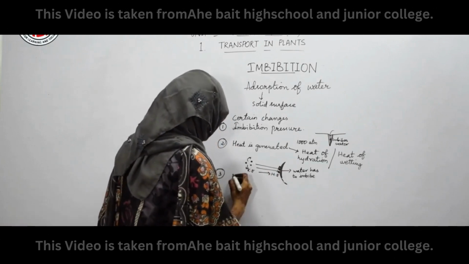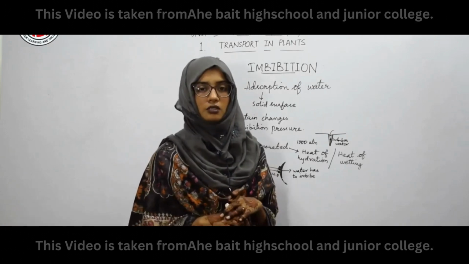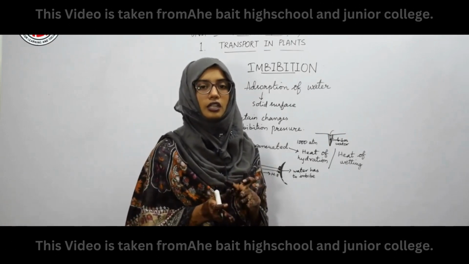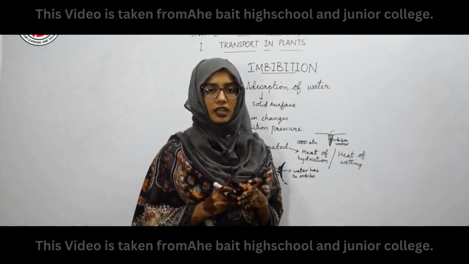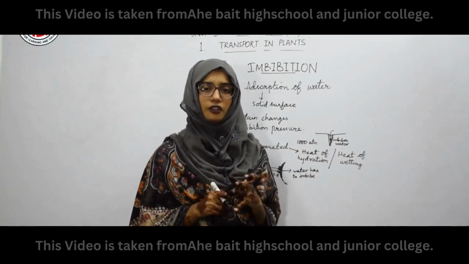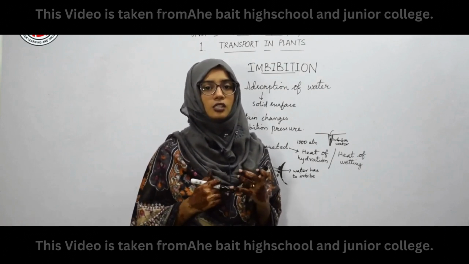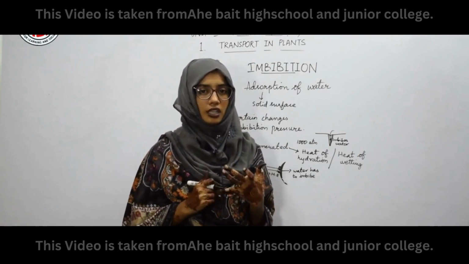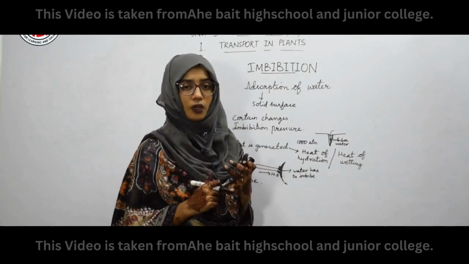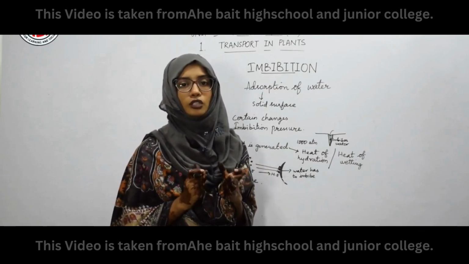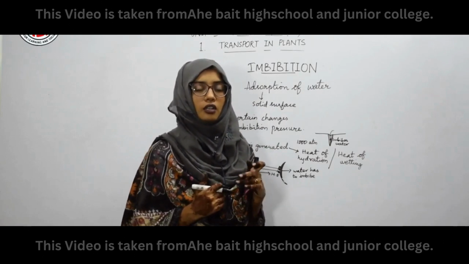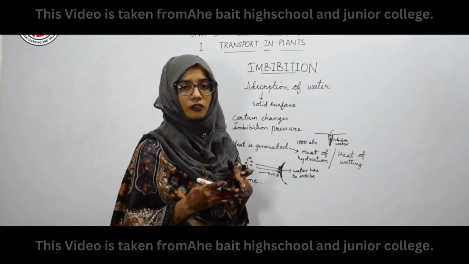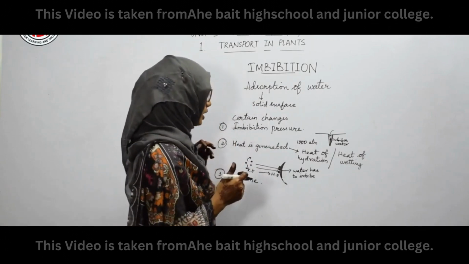The next change is that imbibition helps in changing the volume. In the beginning, we studied one example, that during the rainy season, the wooden doors swell up due to imbibition. This shows that the volume of the doors is changed, and we find difficulty in closing them. This swelling of the doors is due to imbibition.